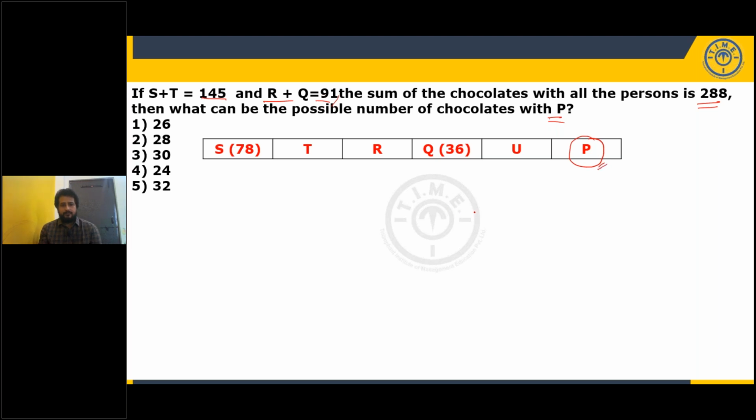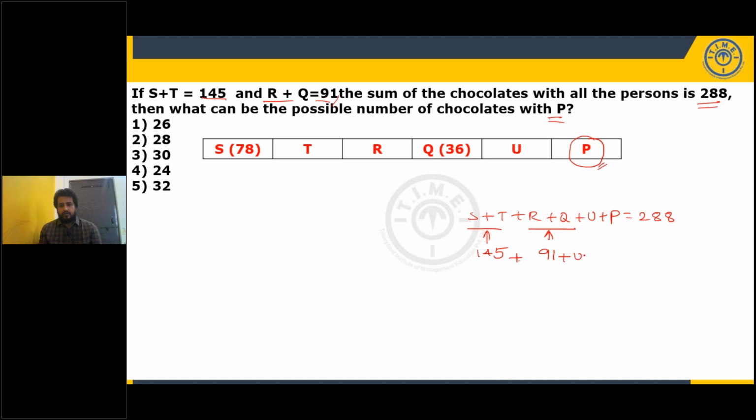The total is given: S plus T plus R plus Q plus U plus P is equal to 288. Among this, S plus T is given as 145, and R plus Q is given as 91.